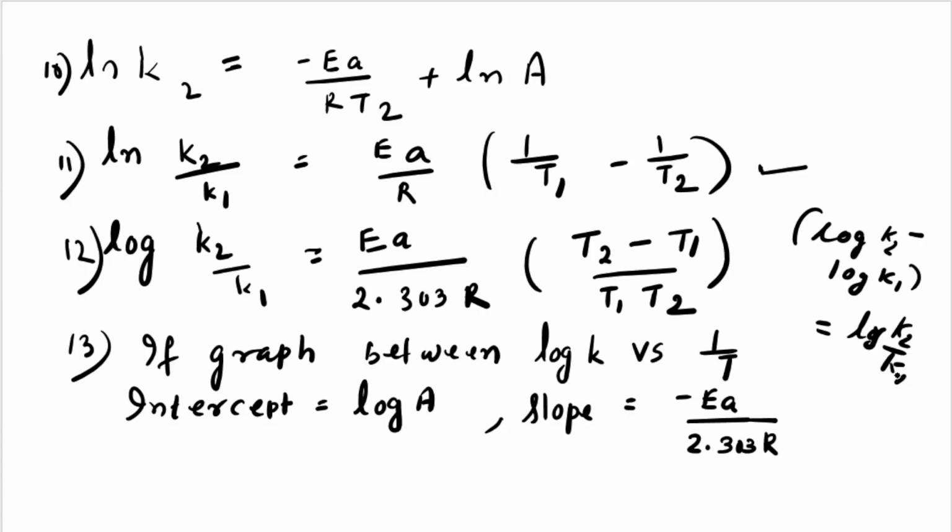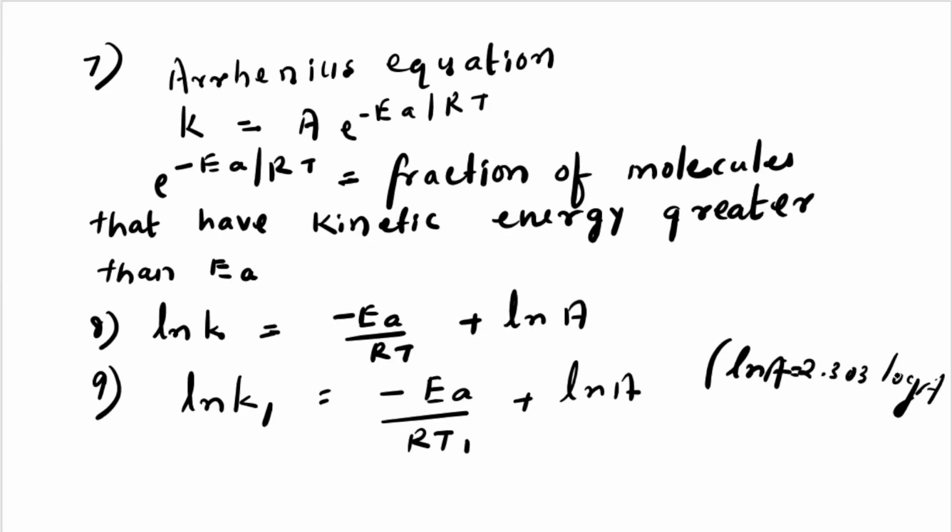Suppose you draw a graph between log K and 1 by T, that is log K versus 1 by T. T means temperature, K means rate constant. So what is the intercept value? Log A. Here it is ln K only, log K is not there.